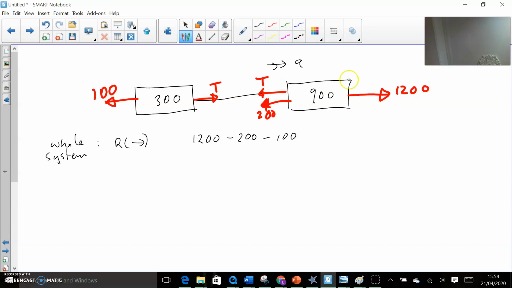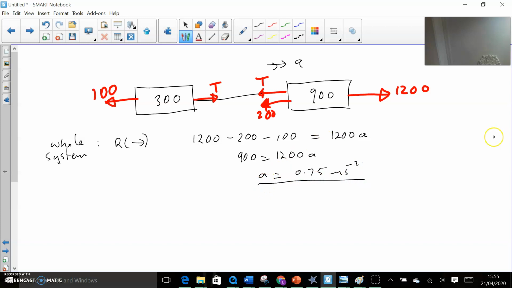The Ts cancel because they are internal: we've got plus T minus T, which cancels out. That equals m, the total mass, which is 1200, times a, which is what we're trying to find. So we have 900 equals 1200a, and a is 900 over 1200, or 0.75 meters per second squared, so that's that one.